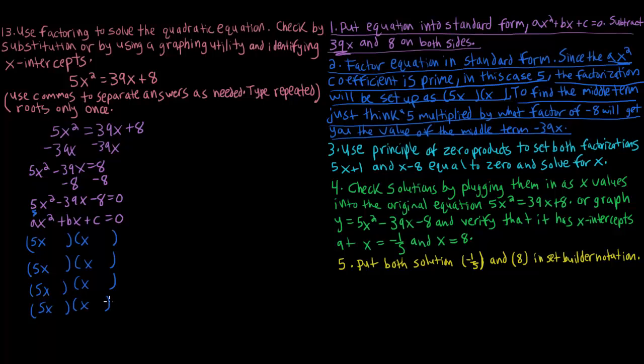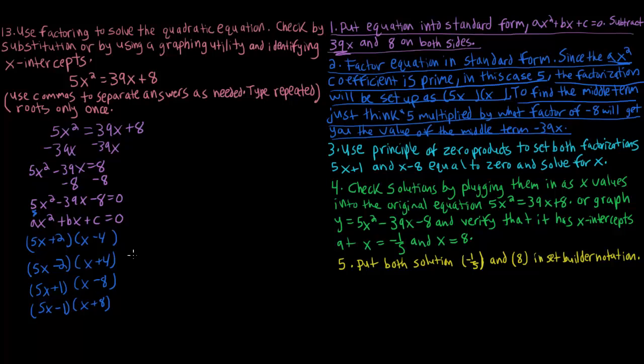You could have what times what will give you negative 8. You could have negative 4, positive 2. You could have positive 4, negative 2. You could have negative 8, positive 1. You could have positive 8, negative 1.